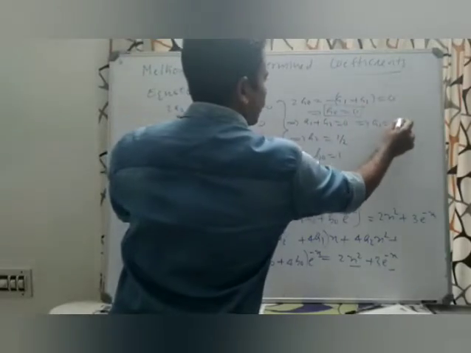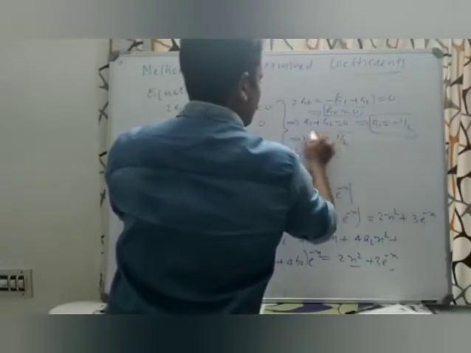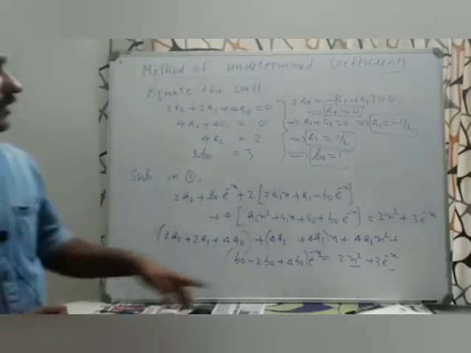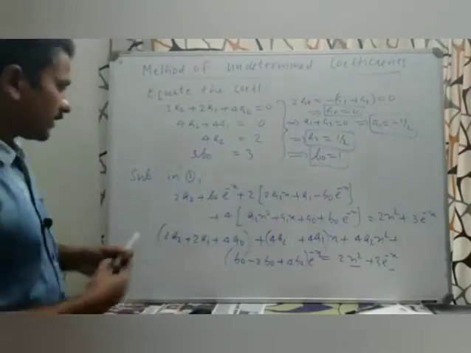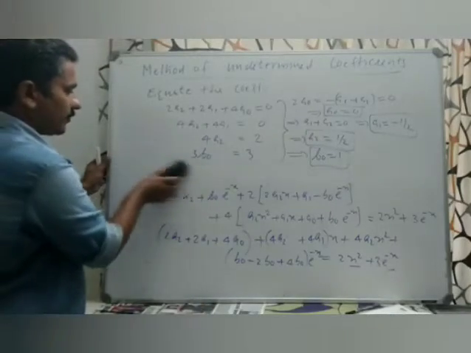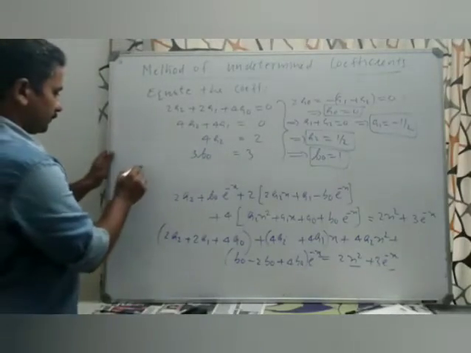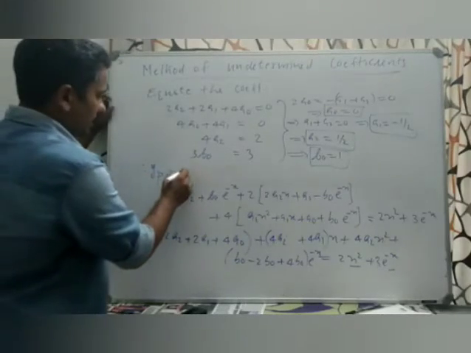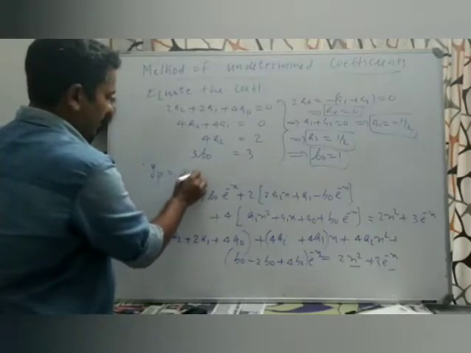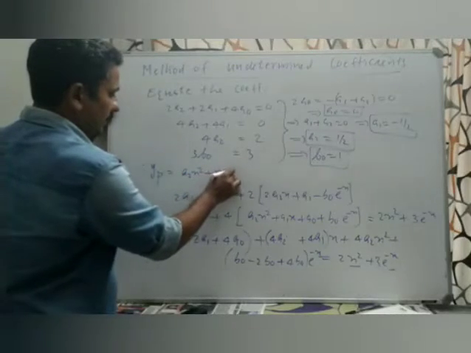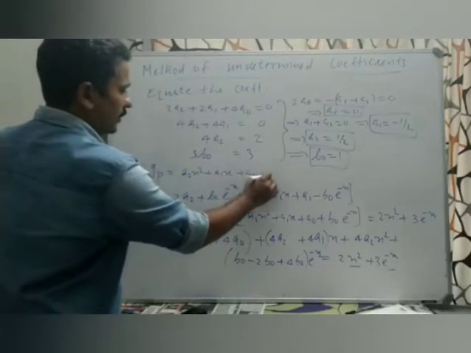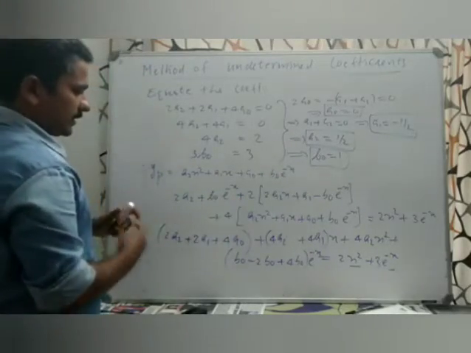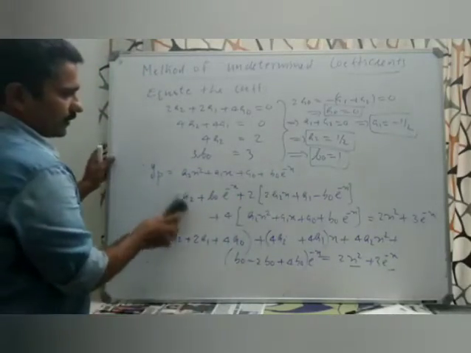So these are the values, right? We got all the constants, therefore we can write directly yp. Therefore yp is equal to a2 x square plus a1 x plus a0 plus b0 e to the power minus x, right? And substitute that.